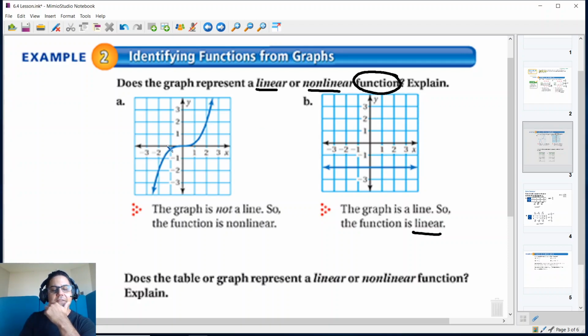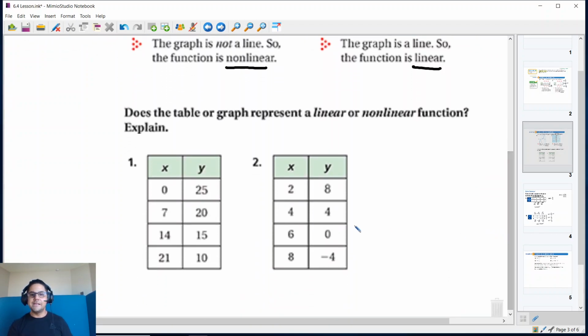If you have a graph that's kind of curved or not a line, we simply say nonlinear. Those are the easiest ones to determine. This is not the vertical line test. The vertical line test was to determine if it was a function. This is telling us it is a function. We want to determine if it's linear or nonlinear. So when you have a graph, look at the graph.